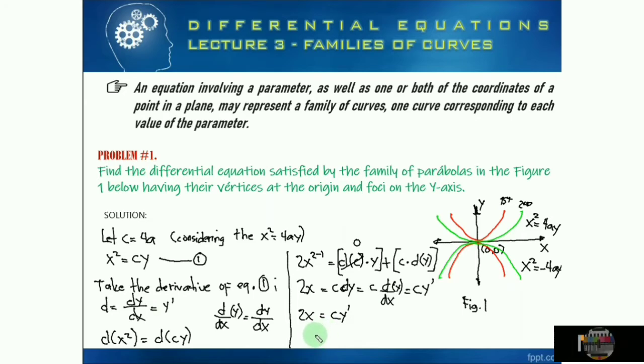So we are going to get the value of c with respect to x and y prime. So we can say that c is equal now to 2x over y prime. Okay, and we will assign this one as our equation number 2. Okay, so after this one, we are going to substitute this equation to equation 1 to remove the variable c.